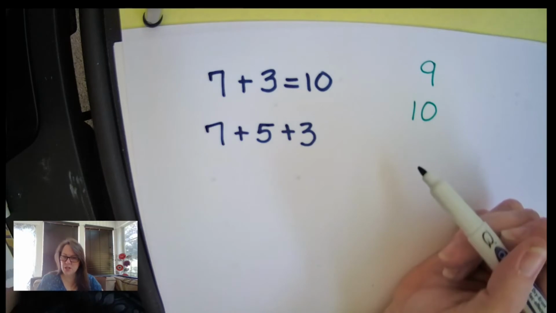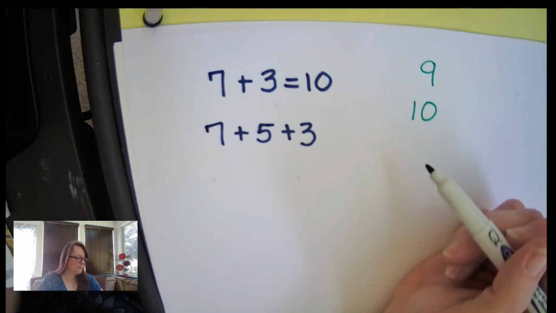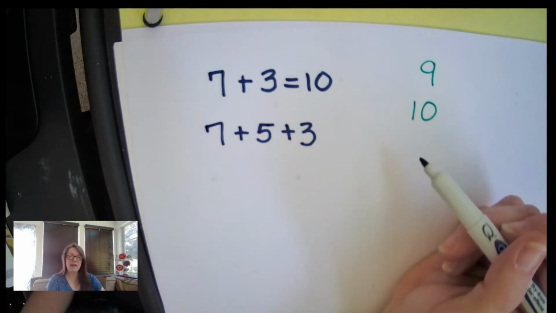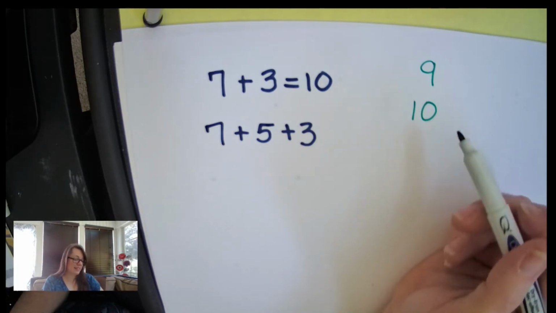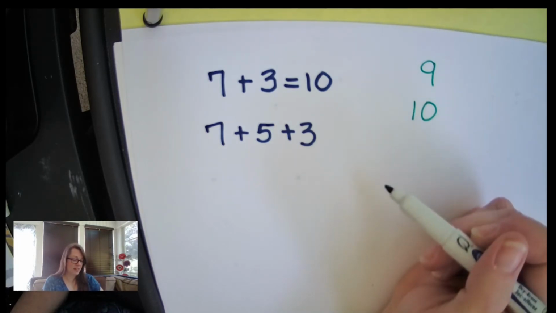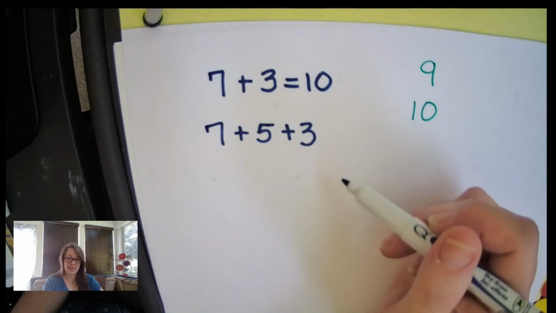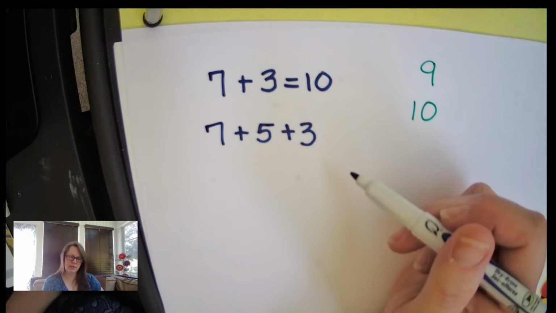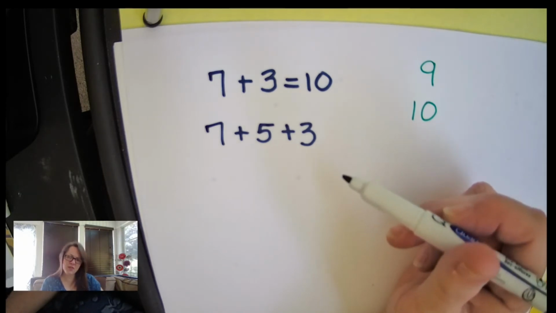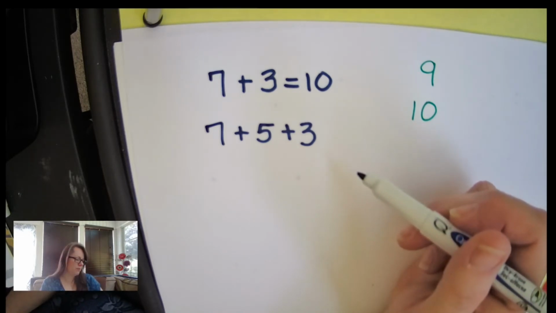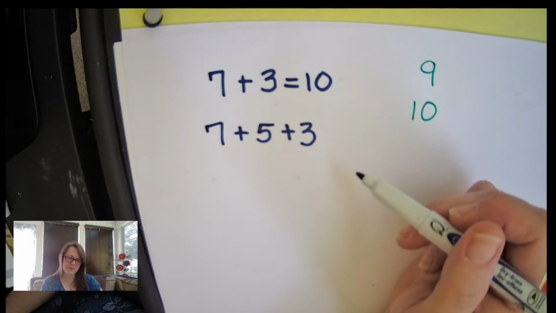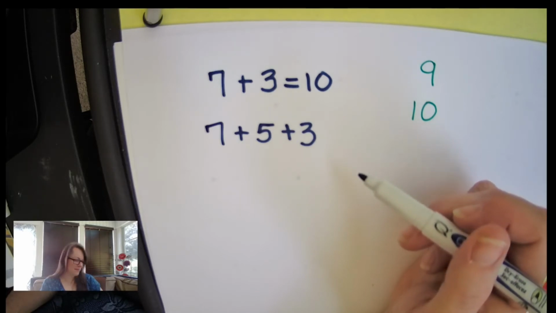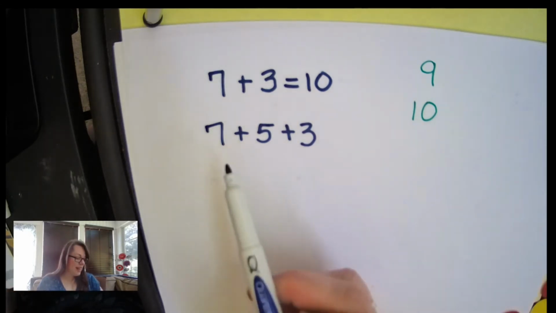Addie, would you like to share what you think your answer is? Okay. Addie says that she thinks the answer to this expression is 15. Addie, how did you think about this problem? Great.